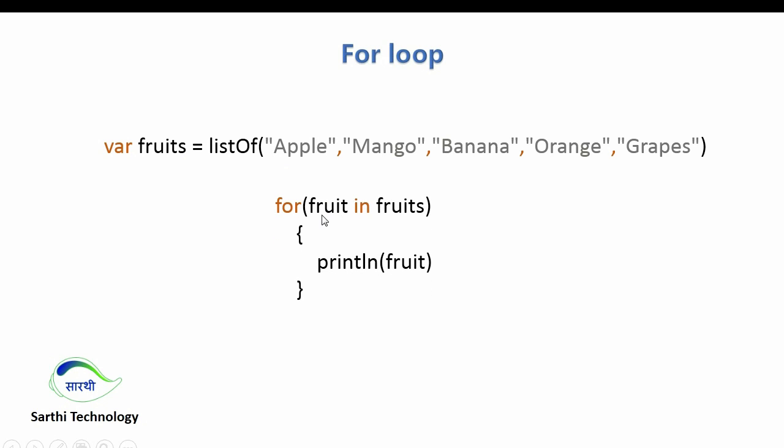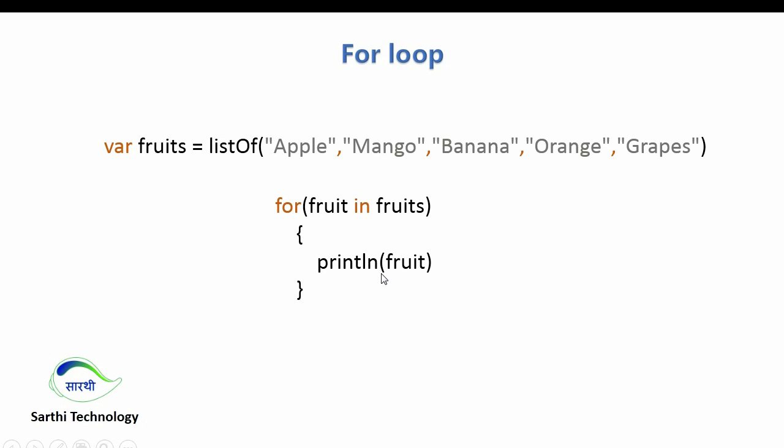So here we have a fruit, in fruits, and this fruits is this list. So every time this fruit variable will contain an item of this list. So first time it will contain apple, second time mango, then banana, orange, and grapes, and every time we can print the current item of this list using this fruit variable.